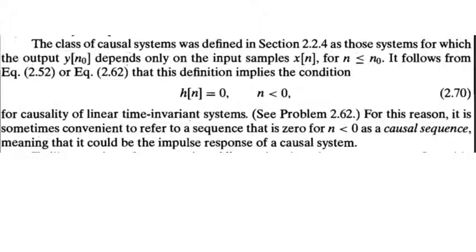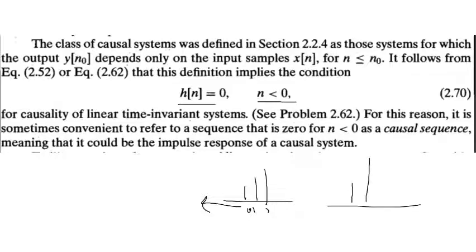An LTI system will be causal if the impulse response is 0 for n less than 0. It means that if the impulse response is only defined for the positive side, and it is 0 here, the impulse response will be causal. What about this impulse response?